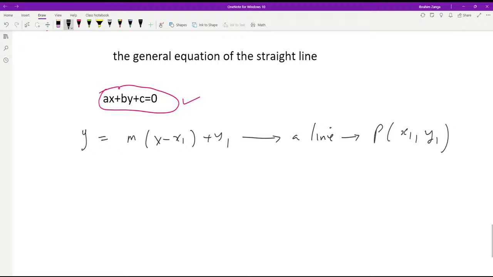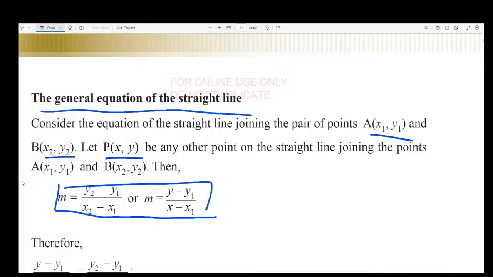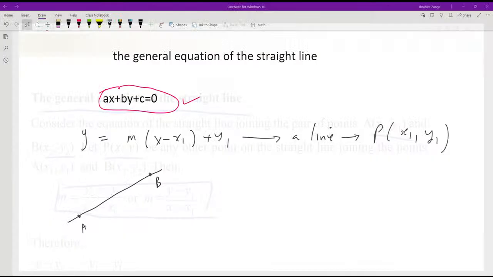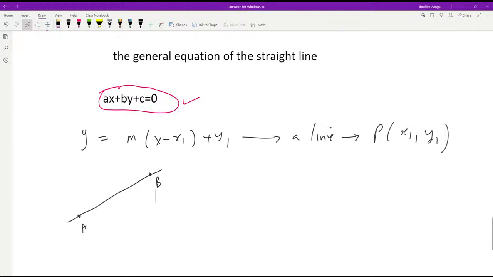Now imagine you have a line with point A and point B. According to the book, A is going to be x1, y1, and B is going to be x2, y2. So here you have x1, y1, and here you have x2, y2, dear students.